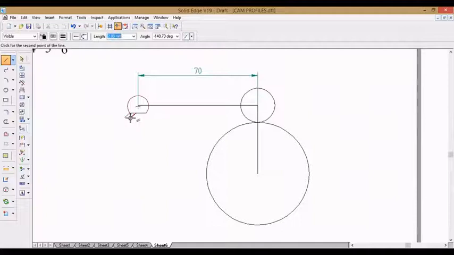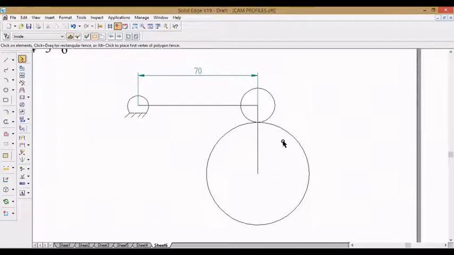So this is the pivot, it's fixed at this point. Now, we have not yet drawn the cam profile. We just shown the base circle and the oscillating follower. Let us draw the cam profile now.